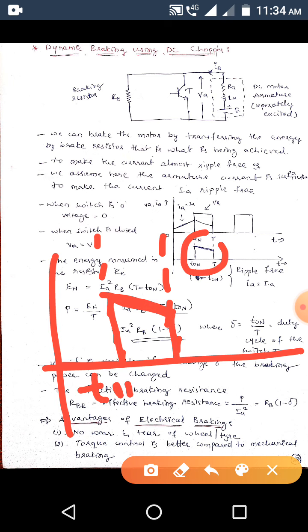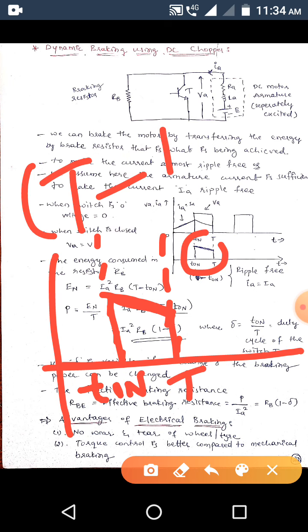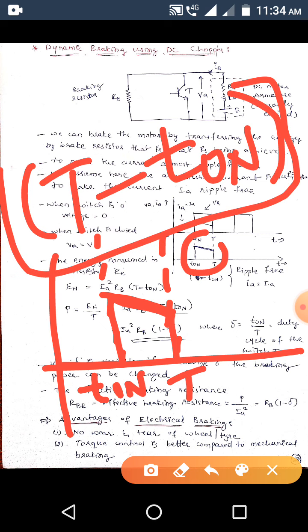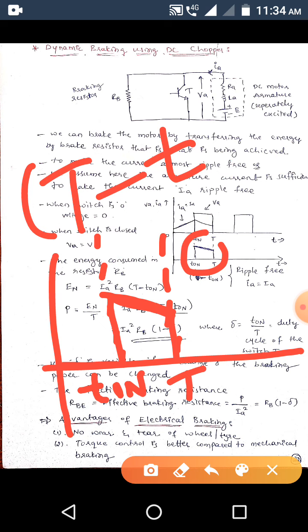This I will call the T on, and this is the total period T here. It means the duration of current in the dynamic circuit will be T minus T on, is it right? So this much current is flowing in the dynamic circuit here.